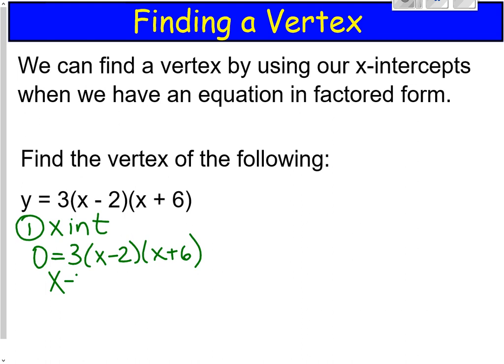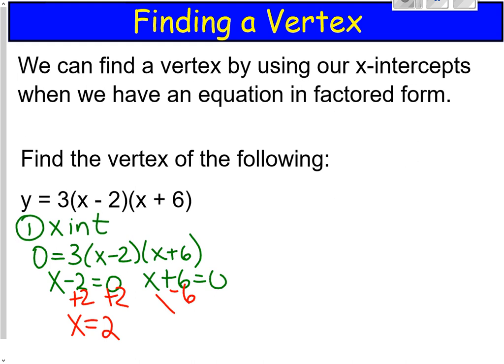And then I'm going to take each set of brackets and set that equal to 0, solving for x. So let's add 2 to each side. I get x equals 2. Let's subtract 6 from each side. And I get x equals negative 6.